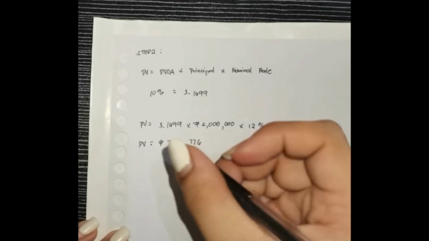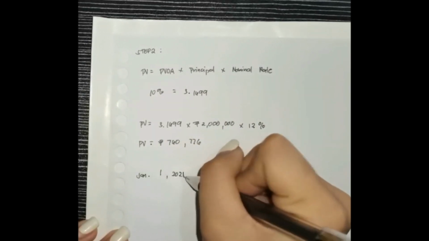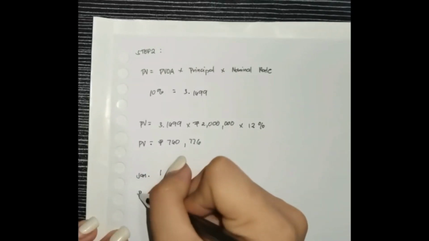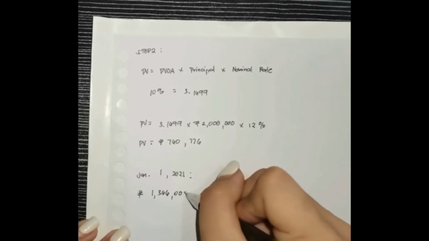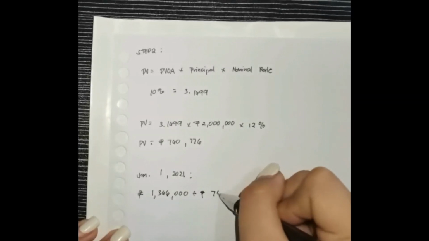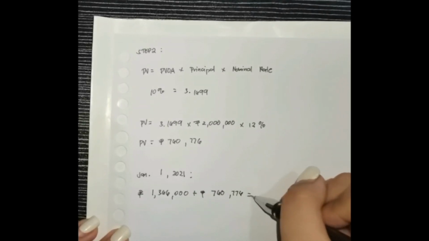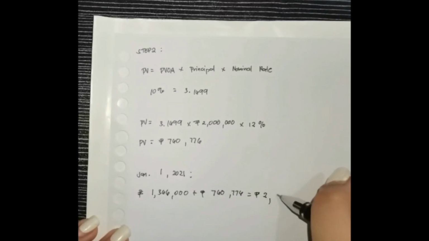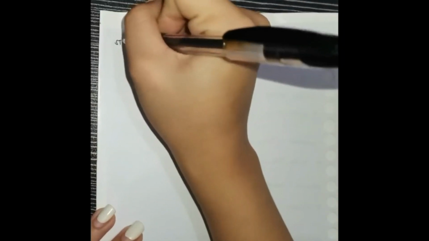So, ang total PV as of January 1, 2021 is 1,366,000 plus 760,776 pesos is equals to 2,126,776 pesos. We will now have our step 3.